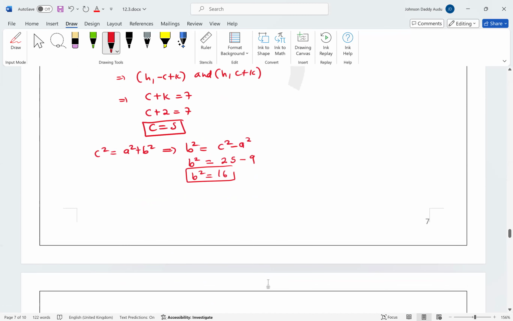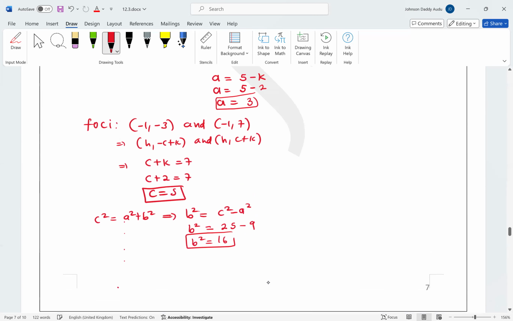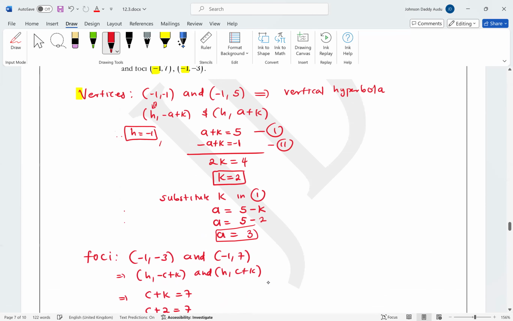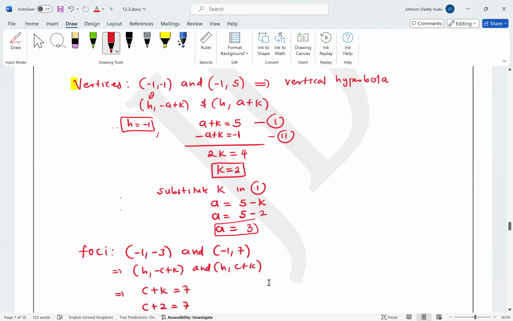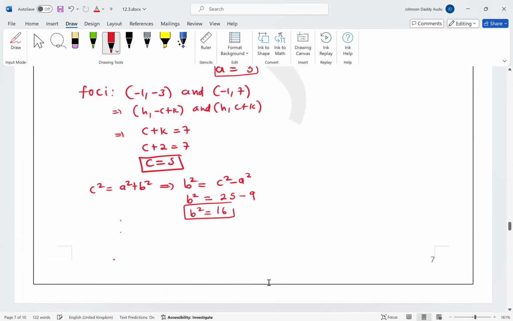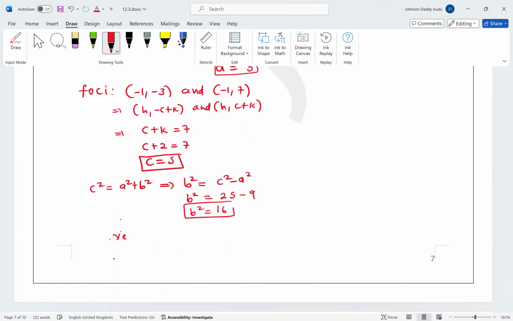Therefore, remember, we're dealing with a vertical hyperbola, right? Since we're dealing with a vertical hyperbola, let's write the vertical hyperbola. It means the a has to be associated with y. So this is going to be something like this, and x minus h squared over b squared is equal to 1.